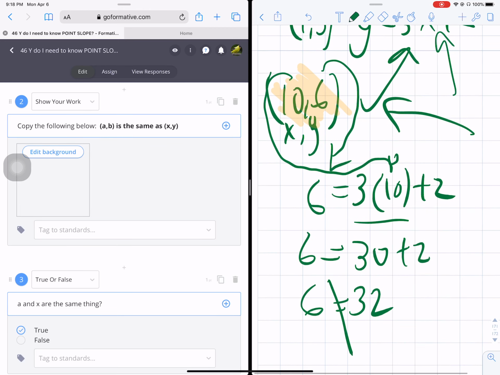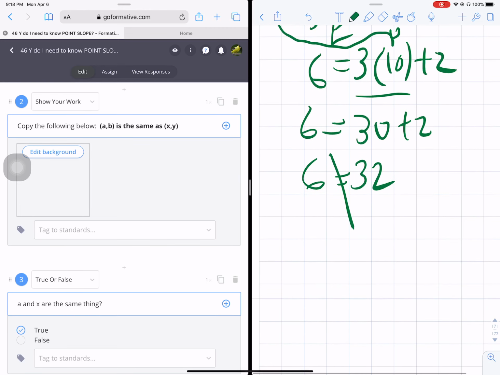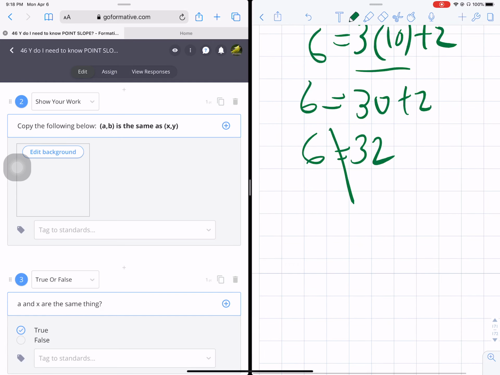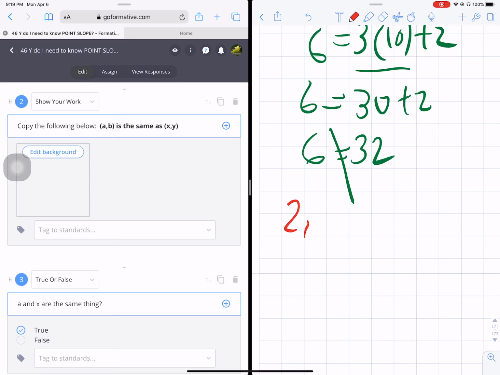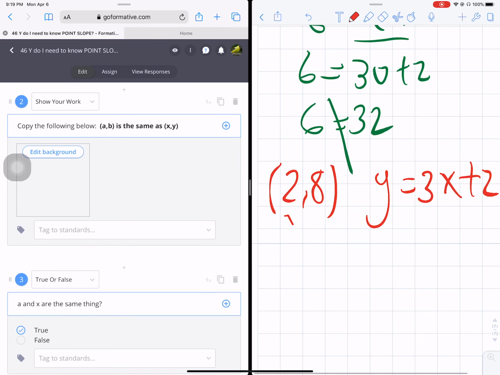Should we make up another one? Let's try 2 comma 8 on y equals 3x plus 2. Let's plug it in. Remember, this is x, this is y.